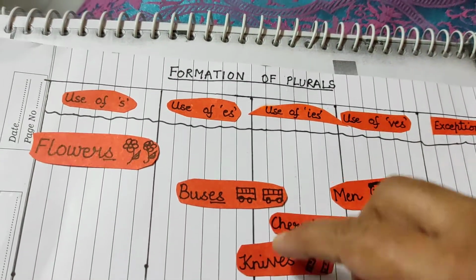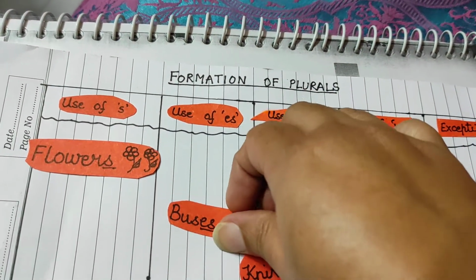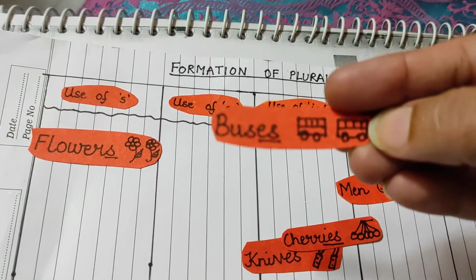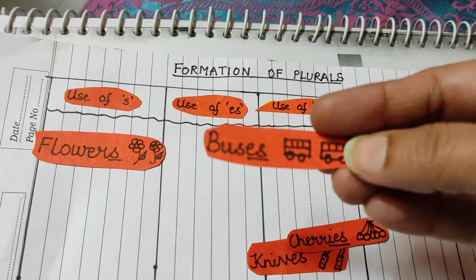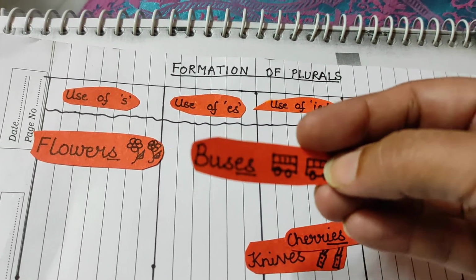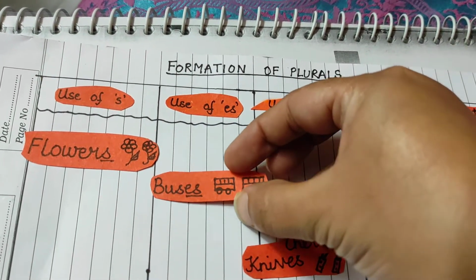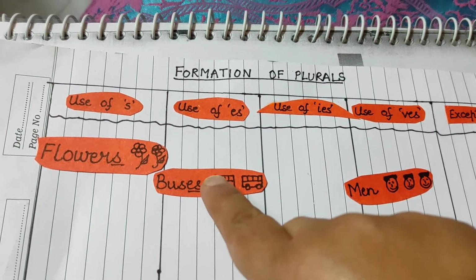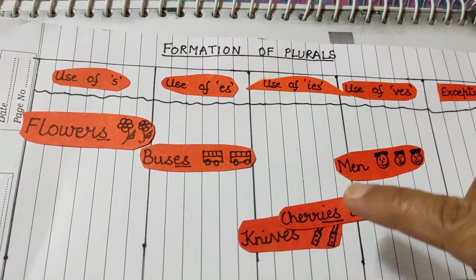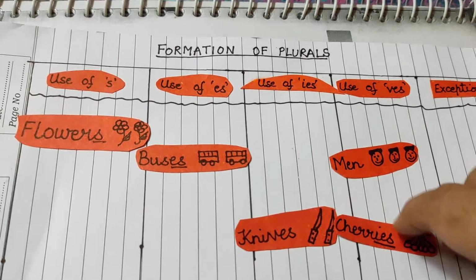The next word I pick up is buses. Now as you study this word buses, you can see that the plural is formed by adding ES. So this is going to come under the second column, where we are forming plurals by adding ES. Okay, now let us come to the third strip.